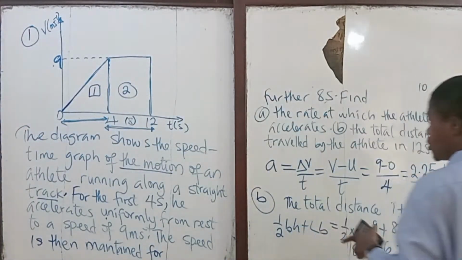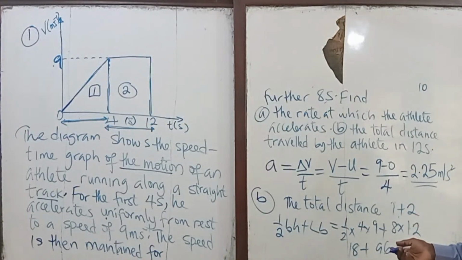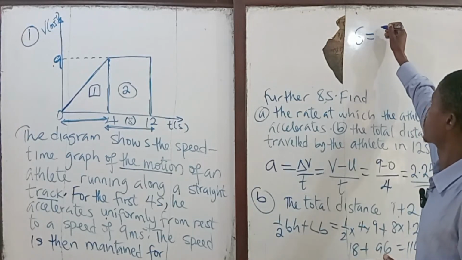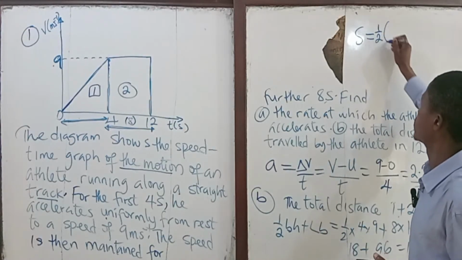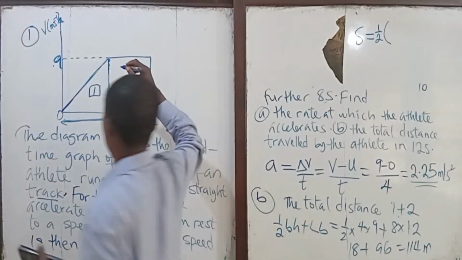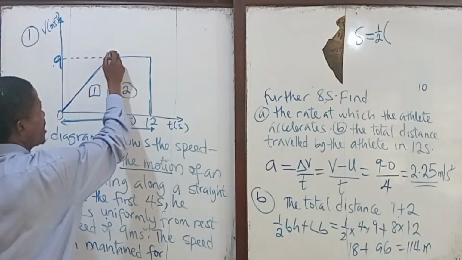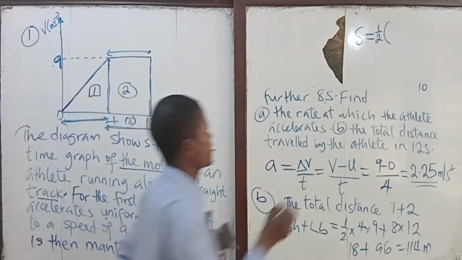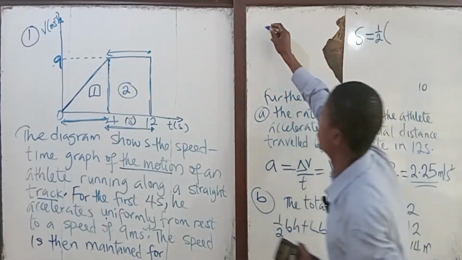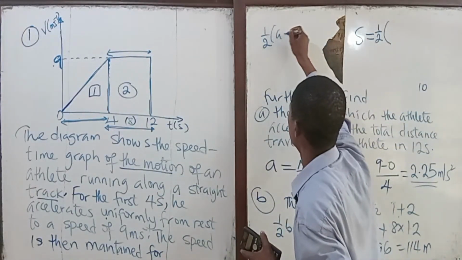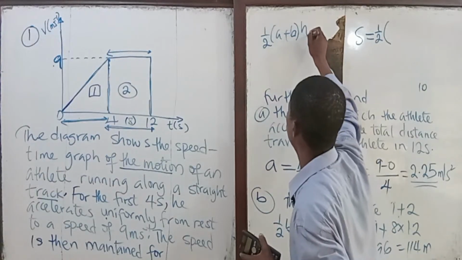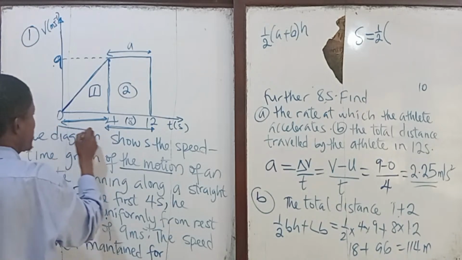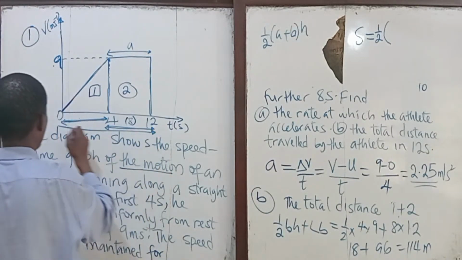If you don't want to use this method, you can use the trapezium way. The total distance is equal to half times the sum of the 2 parallel sides, times the height. My a is 8 and my b is from here to here, which is 12.